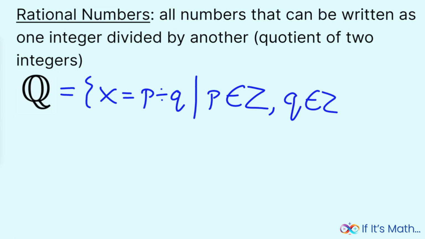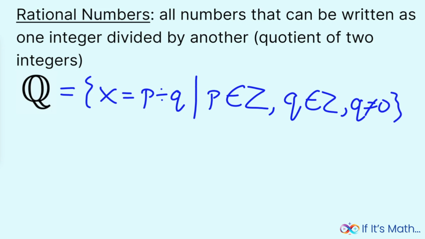But there's one key thing here: what do we know that you can't do? Can't divide by 0. So q is not going to be able to equal 0. So we've got p is an element of Z, q is an element of Z, and q does not equal 0. So that is how you define a rational number.